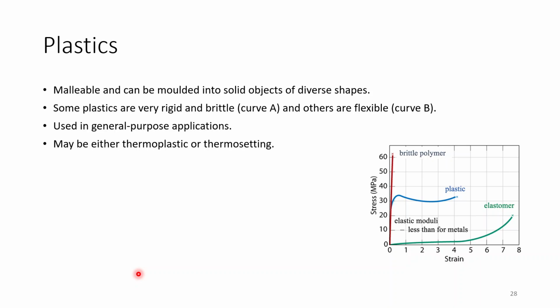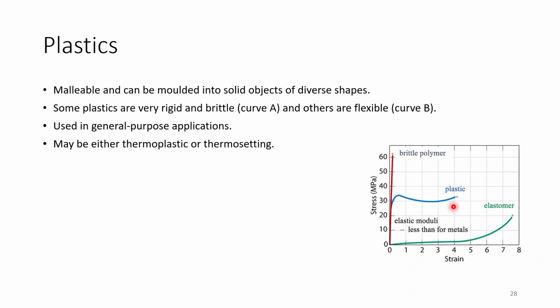These are malleable and can be molded into solid objects of diverse shapes. Some plastics are very rigid and brittle as shown in curve A. This curve shows brittle plastics, and others are flexible as curve B. It is used in general purpose applications, and it may be either thermoplastic or thermosetting as well.